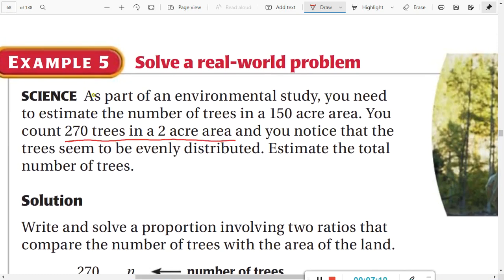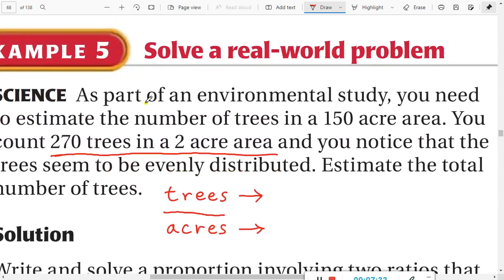So, we will put trees in the numerator and area, or acres, in the denominator.